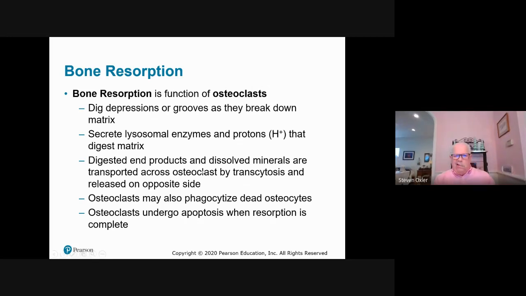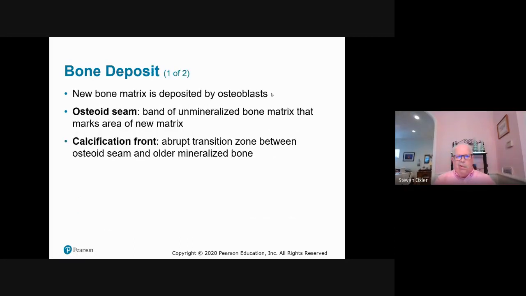They deposit the minerals back into the bloodstream, and they try and give you a new area of bone where the fracture is. That's important to understand. And then a new bone matrix is deposited by the bone builders, the osteoblasts.